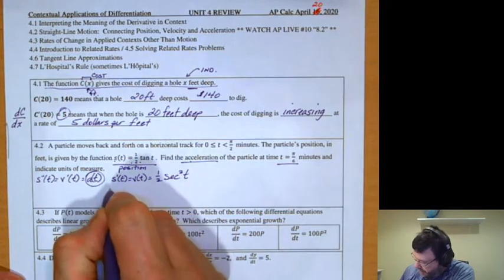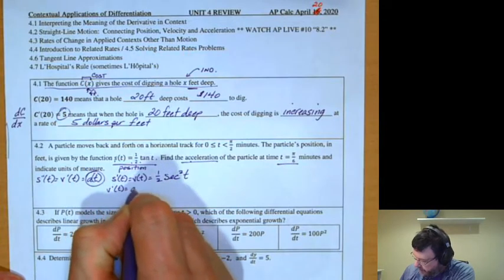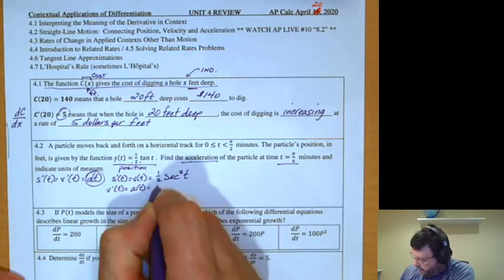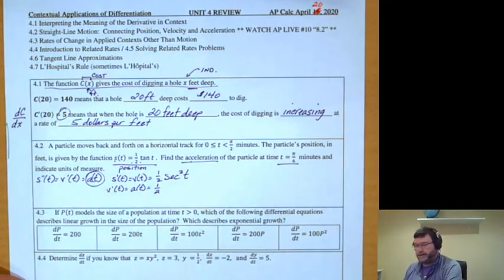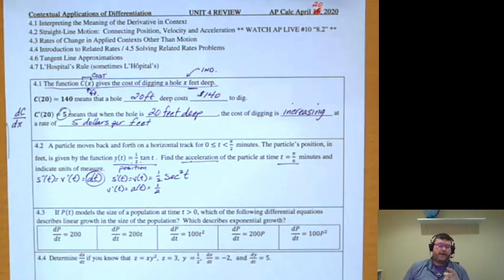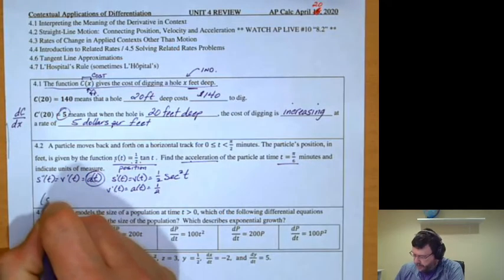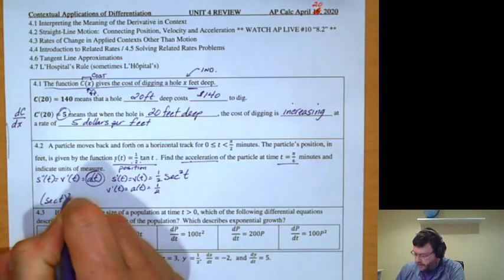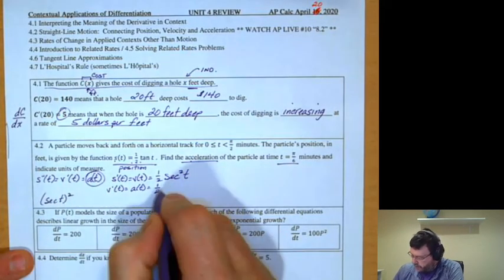Now I need the derivative of the velocity, which is going to give me the acceleration. This 1/2 still hangs out. Now secant squared t is going to be a chain rule, because it's secant t, squared. So I'm going to bring out the 2.